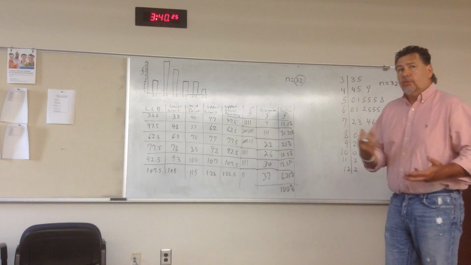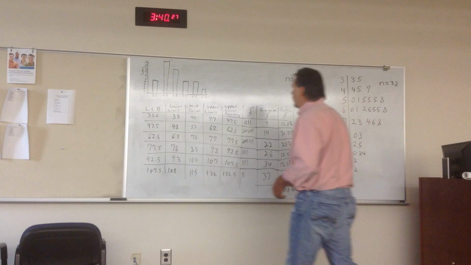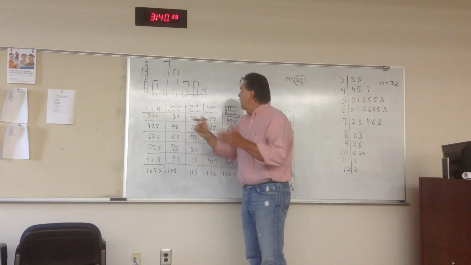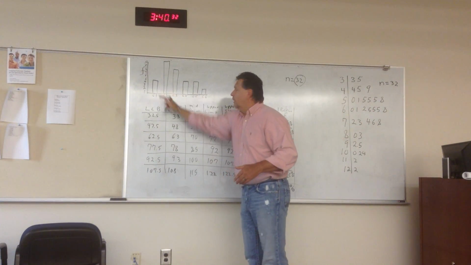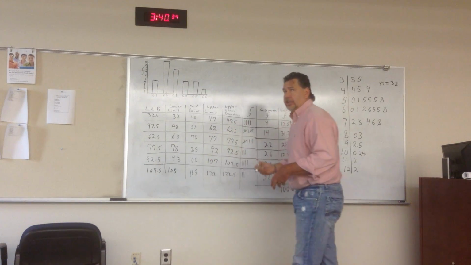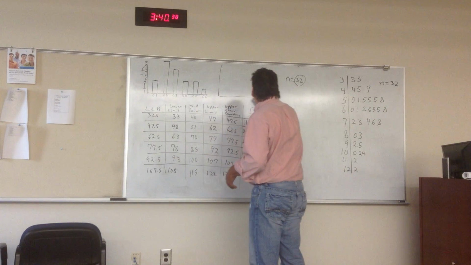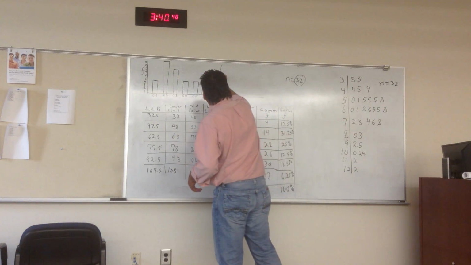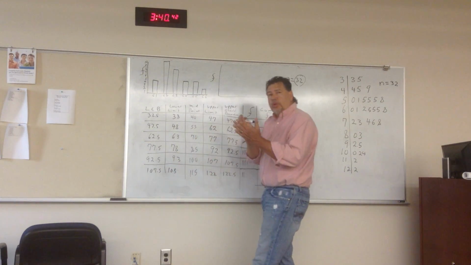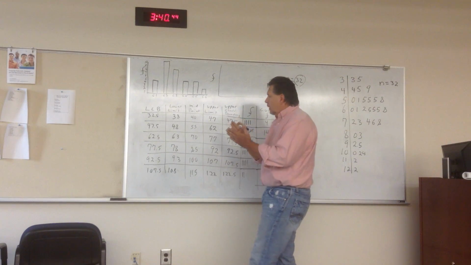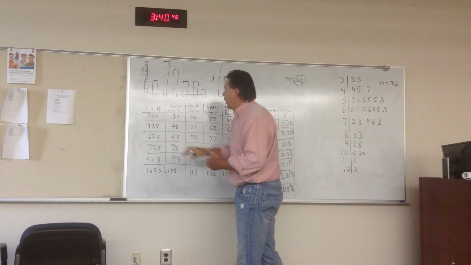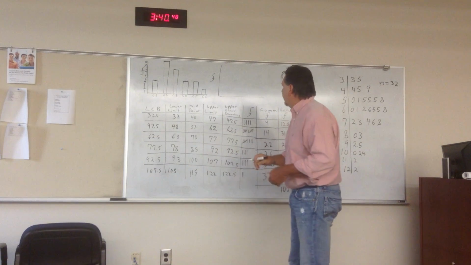Now if I want to get a little more sophisticated and use midpoints and not have any gaps between these bars, I would use what's called a histogram. And a histogram looks similar to a bar chart, but we're going to use our midpoints and we're going to use our lower class boundaries and our upper class boundaries.